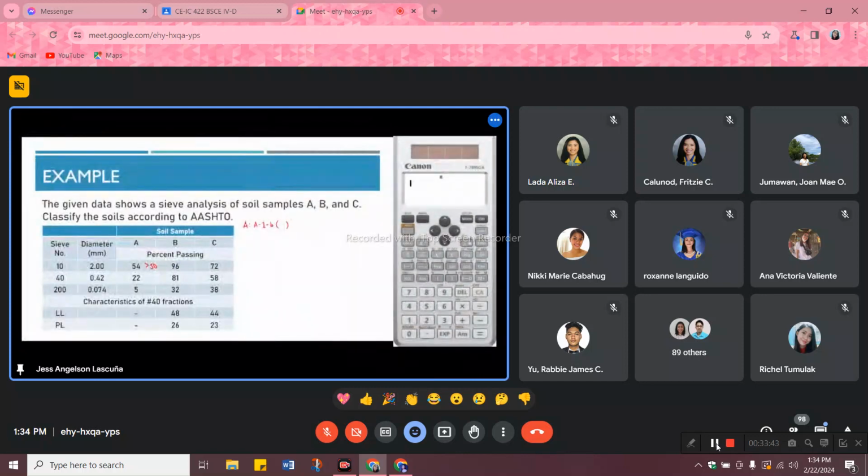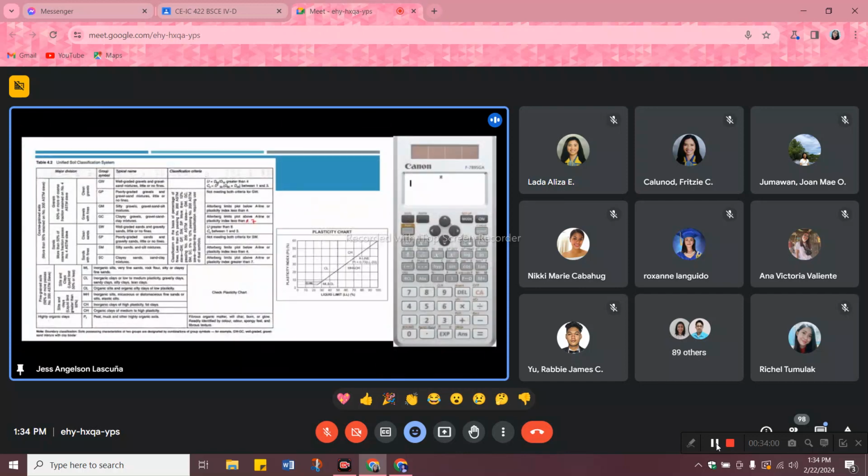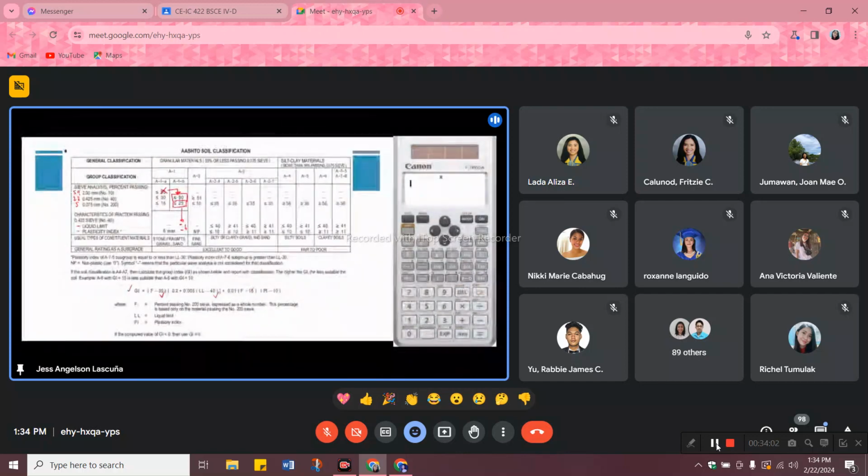Ang imong group index for A1A, A1B, A3, A2-4, and A2-5, so meaning ang group index sa kani is automatic kasi nga 0.